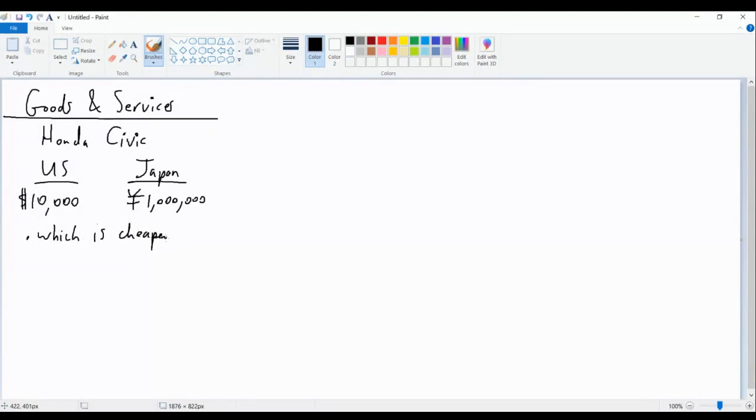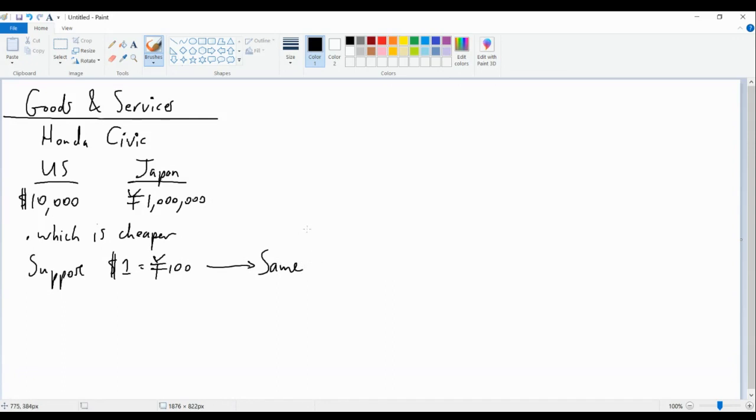So let's suppose first of all that, let's just pick an exchange rate. $1 equals 100 yen. Which one is cheaper now? Well, to figure that out, let's take the US dollars, it's 10,000, and see how many yen that corresponds to. Multiply it by 100, and what do we get? We get 1 million. So if that happens to be the exchange rate, then they're the same.